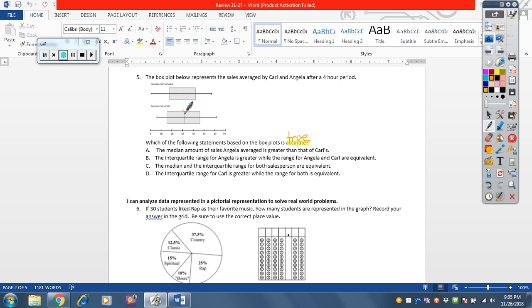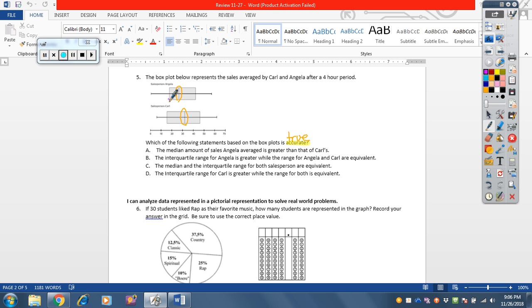So if you look, Angela's median is right here, and this is where Carl's is. Is Angela's greater than Carl's? B says the interquartile range for Angela is greater than the range for Carl, while the range for Angela and Carl are equivalent.